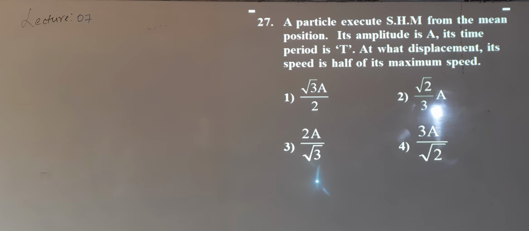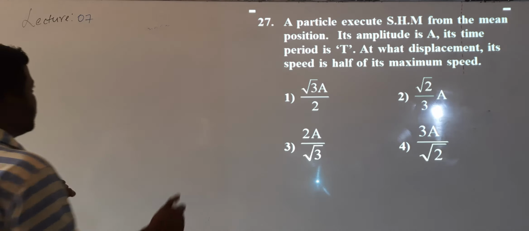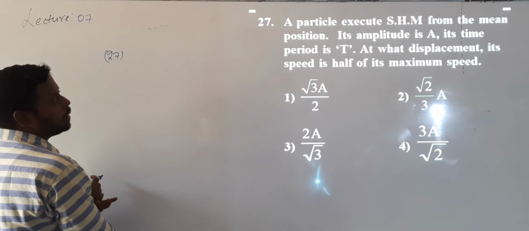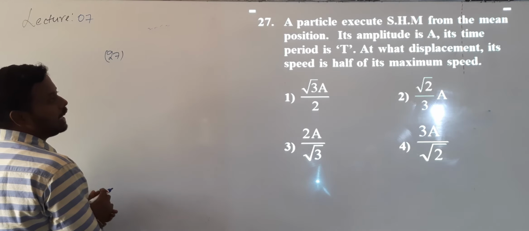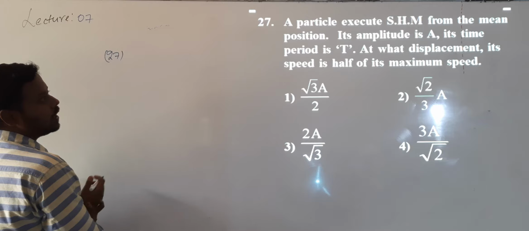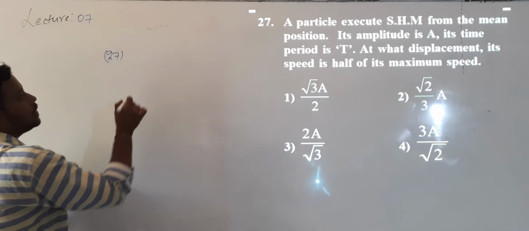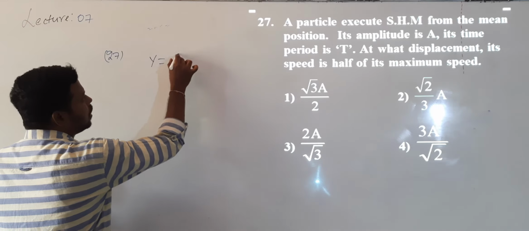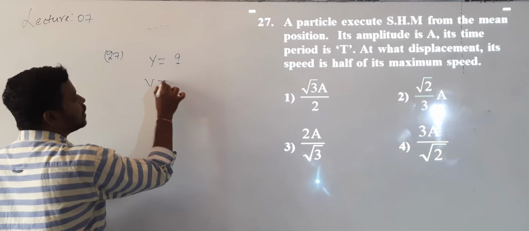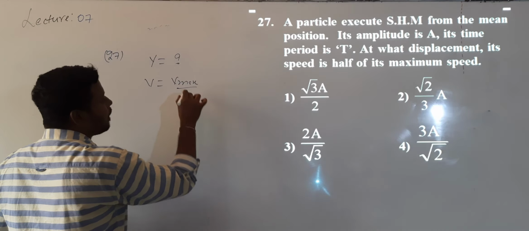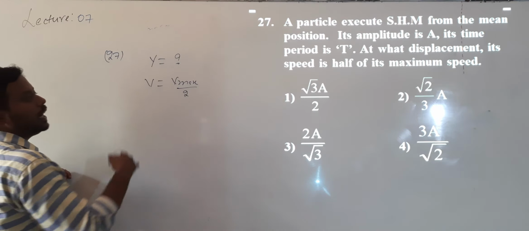Its amplitude is given as A and the time period is T. They are asking what is the displacement at which its speed is half of the maximum speed. You want to calculate y, at which v value is equal to v maximum by 2. Speed is half of the maximum speed.